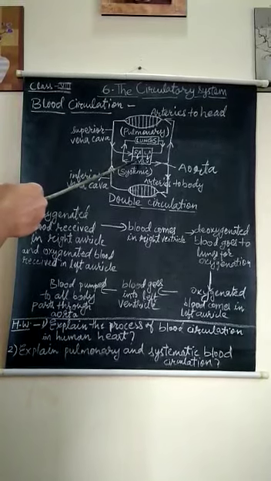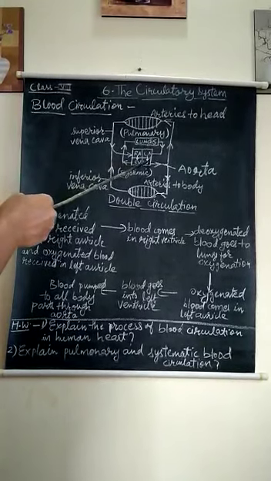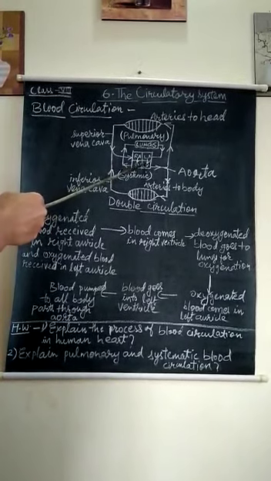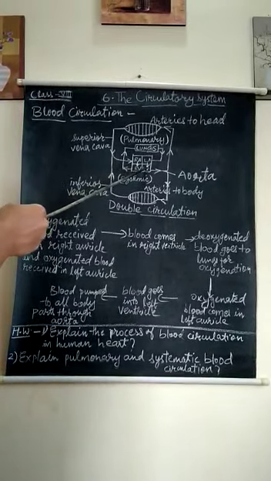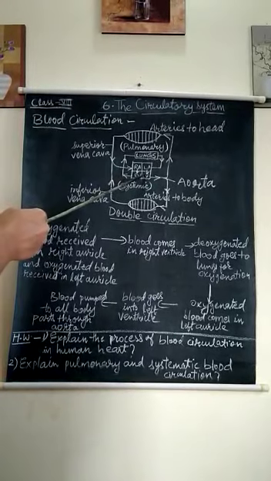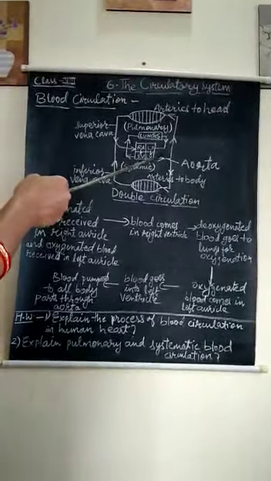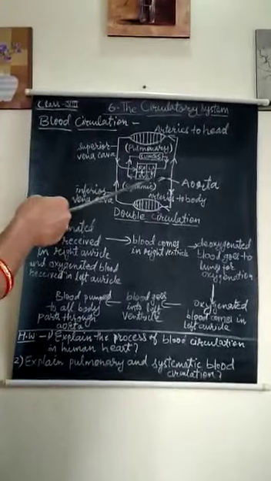During the contraction of the ventricles, at the same time the left ventricle walls will also contract to pump the pure blood through the aorta to different body parts.